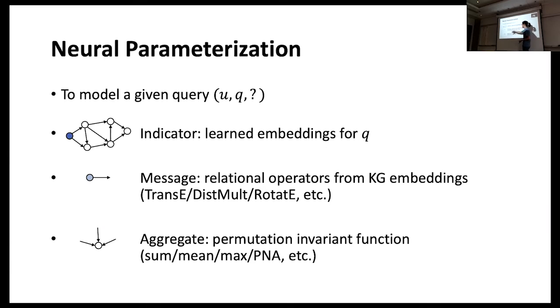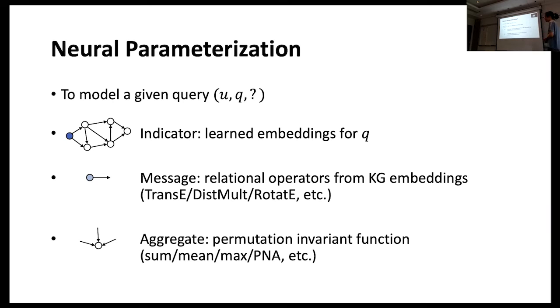The second is the message, which is how we define what is transmitted from one node to another node. And the third is the aggregation function, which is how we combine the messages from one node's neighborhood.